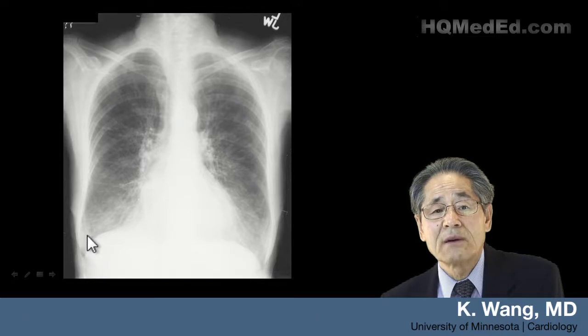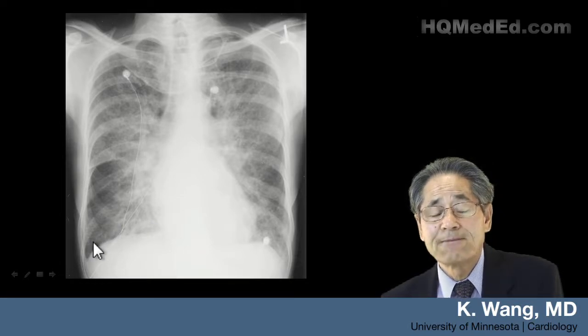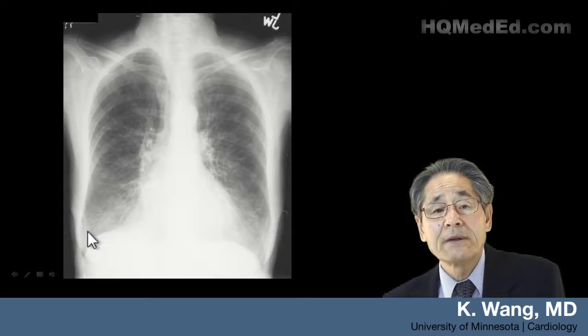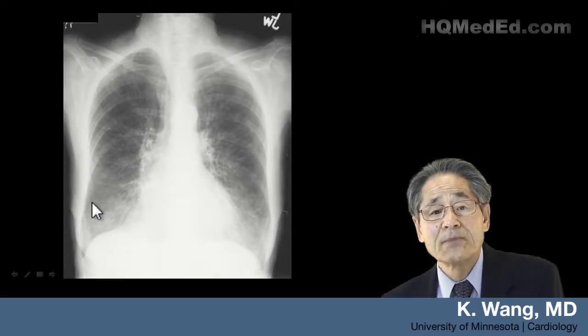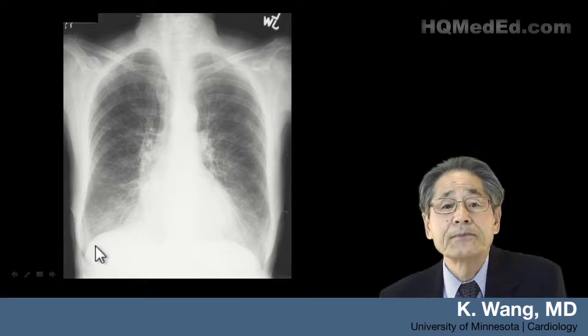Lymphangitic spread of malignancy here, while the previous one was fluid in the lymphatics causing curly B lines, and this is malignant cells filling the lymphatics, looking like curly B lines, but it's a lymphangitic spread of a malignancy.